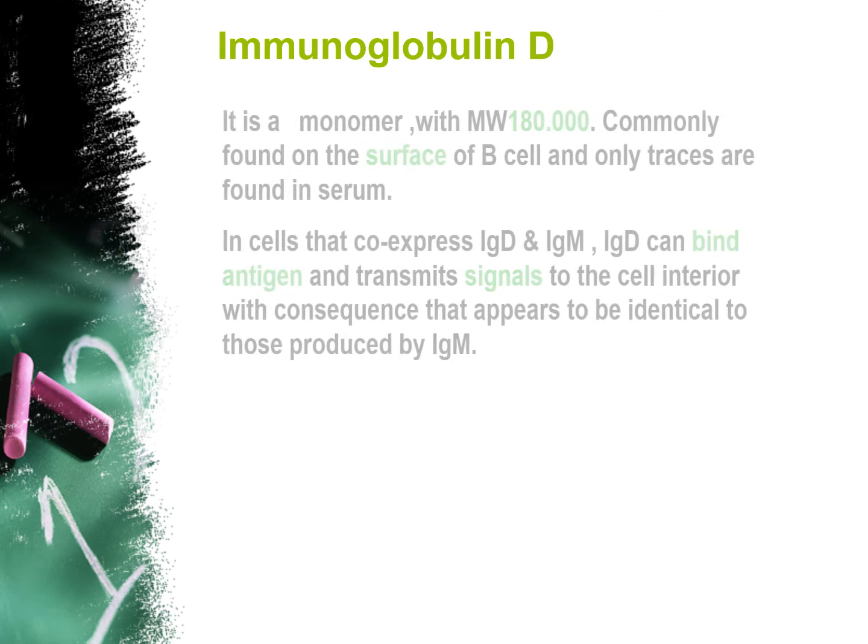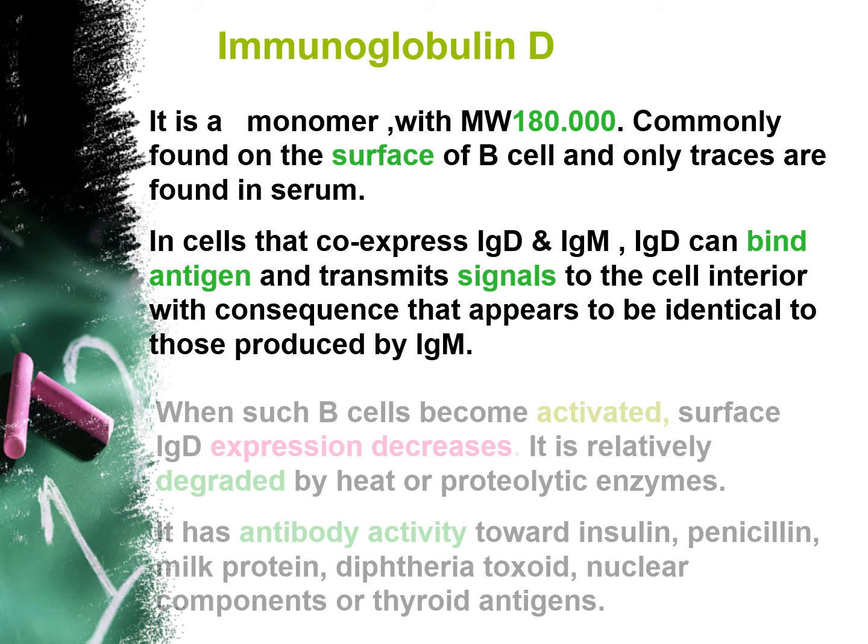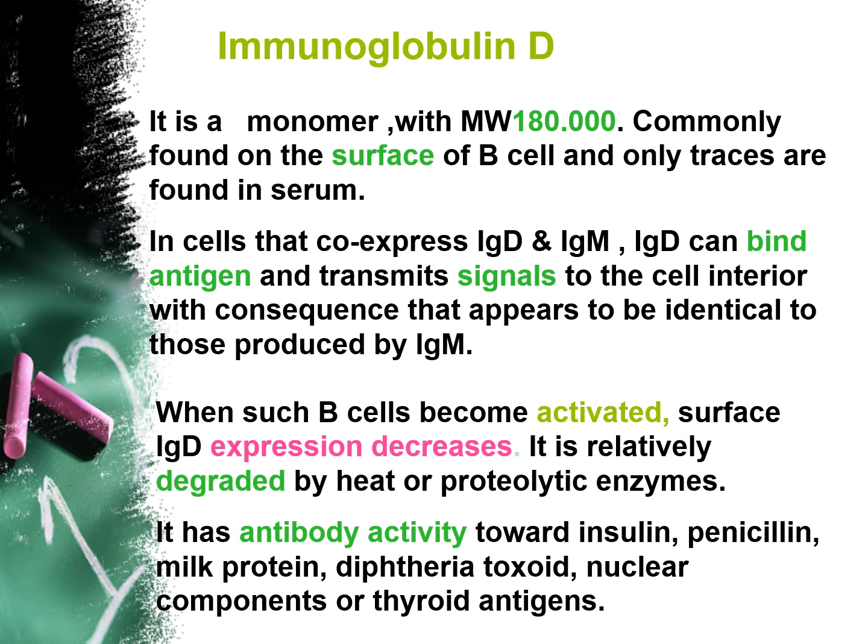Immunoglobulin D is a monomer with a molecular weight of about 180,000, commonly found on the surface of B cells, and only traces are found in the serum. In cells that express immunoglobulin D and M, immunoglobulin D can bind antigen and transmit signals to the cell interior, with consequences that appear to be identical to those produced by immunoglobulin M. When such B cells become activated, surface immunoglobulin D expression decreases.